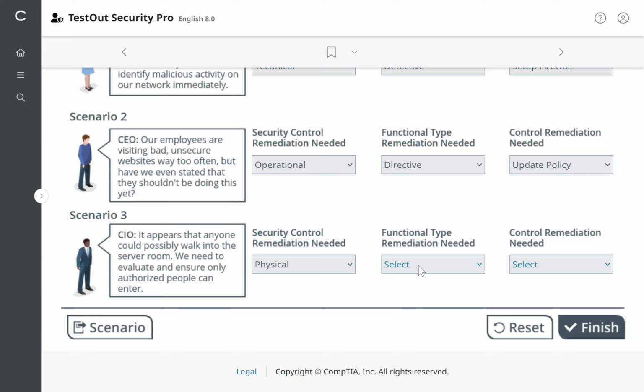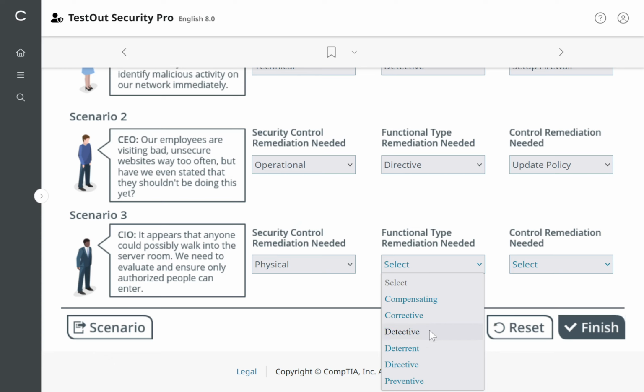Under functional type remediation that is needed, if anyone could just walk into the server room, we need to ensure that only authorized people can enter.